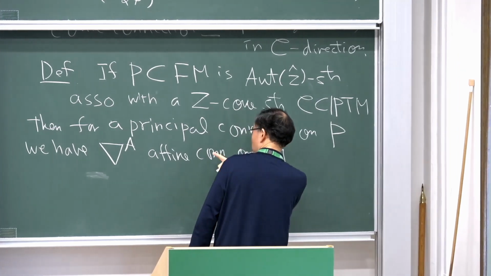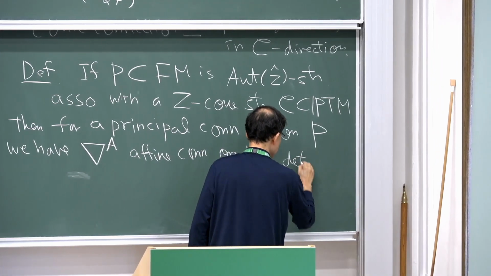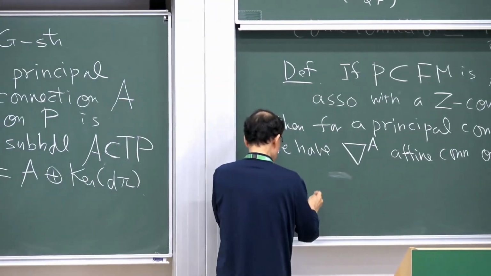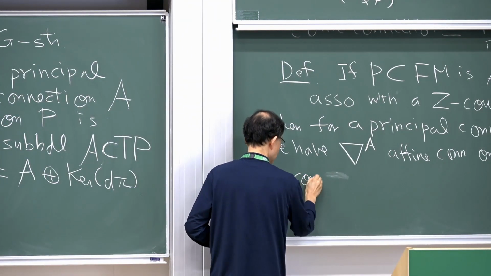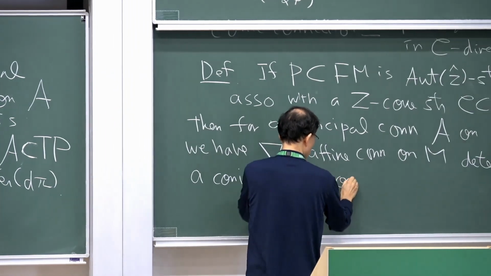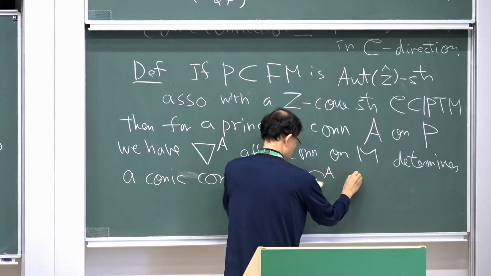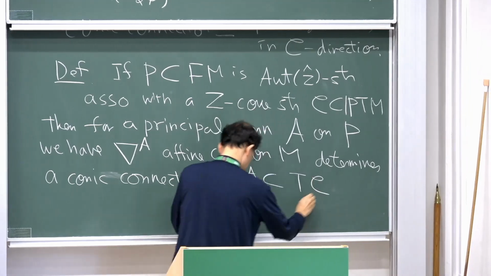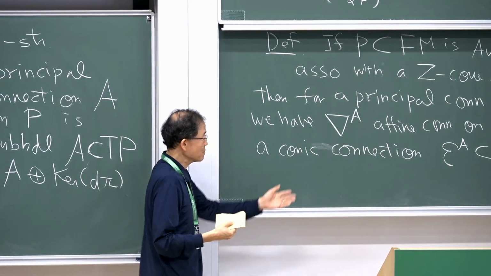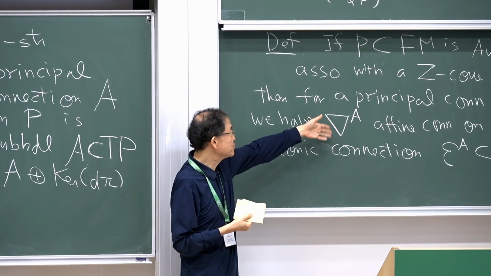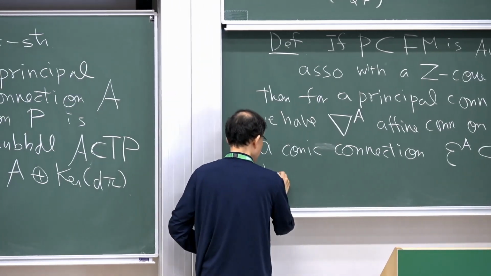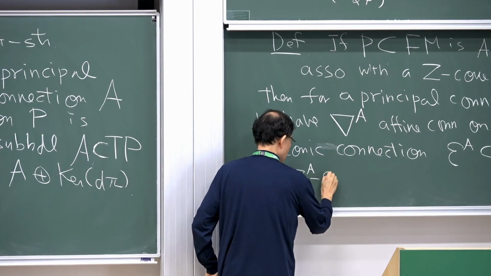So the associated affine connection determines a conic connection by the leaves of its geodesics, the delta A geodesics.